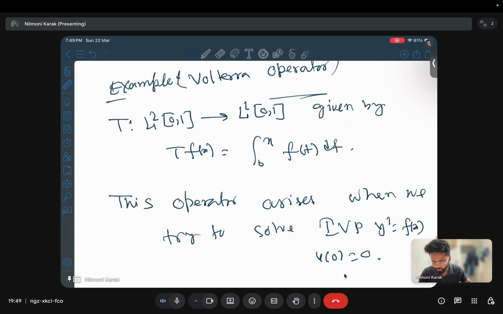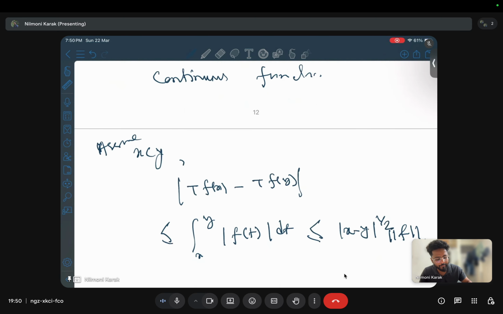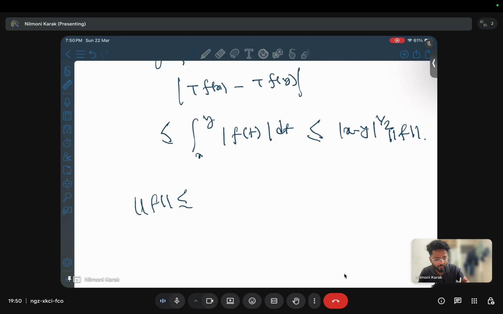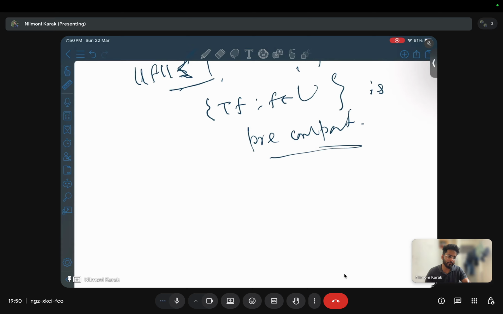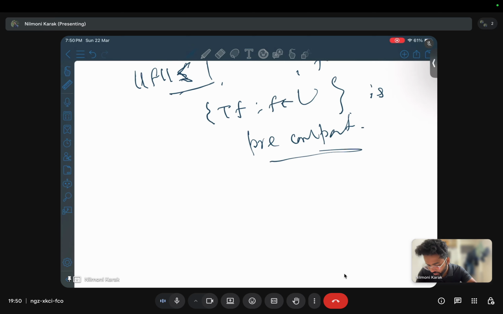Basically you have to see this collection T f, f belongs to U, with norm f less than or equal to 1. So this is pre-compact, and this can be shown by using the Arzela-Ascoli theorem.